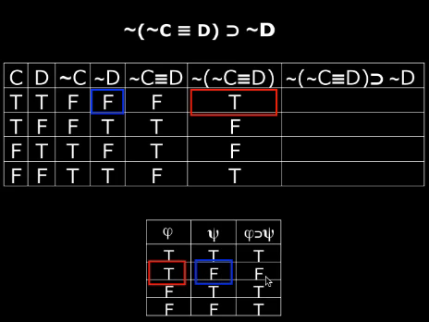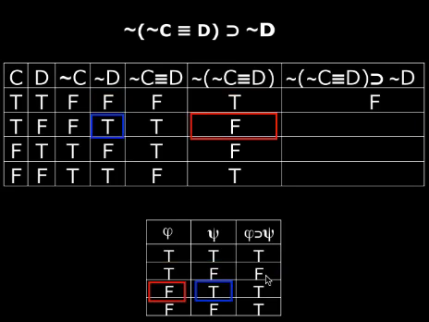According to the table, the output is F. So I'm going to stick an F there in row 1. Let's move down. In row 2, antecedent is false, consequent is true. That's going to be here. False antecedent, true consequent, and the output is true. So I'm going to stick a T right there.